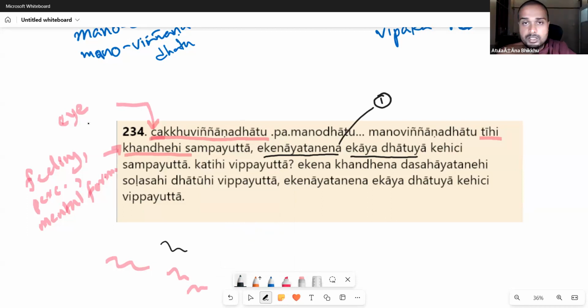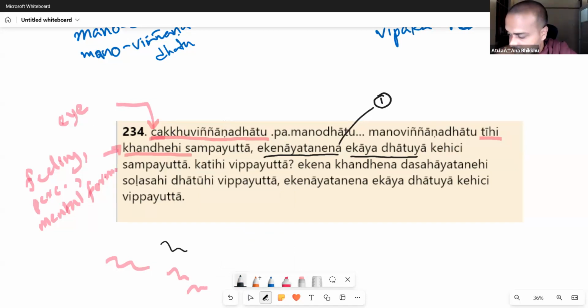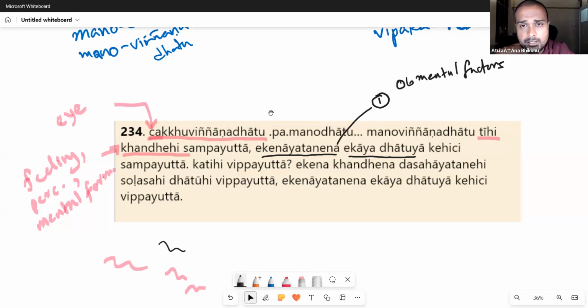Now we know the cakkhu-viññāṇa-dhātu is associated with the 6 mental factors called sabbacitta sadharana, the mental factors associated with all consciousness.